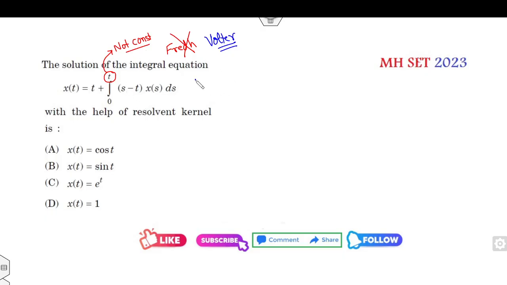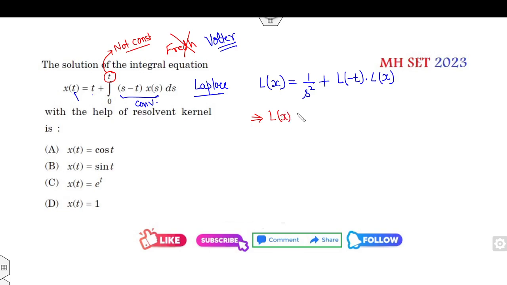So clearly I can solve the equation with the help of the Laplace. So let's start with this. Laplace of x. What is the Laplace of t? 1 over s square. This is the convolution. Fine. So because the independent variable is t, so Laplace of minus t into Laplace of x. Fine. So I can take Laplace of x on the right hand side.